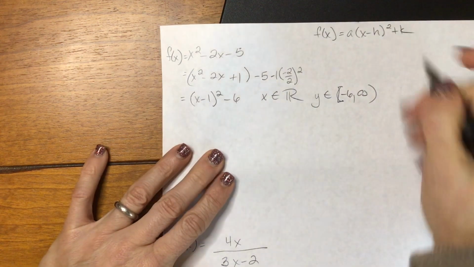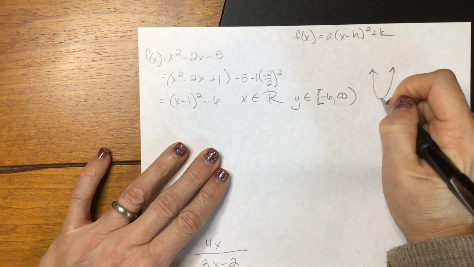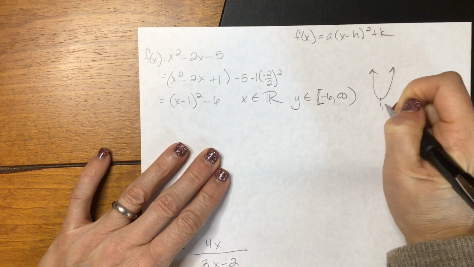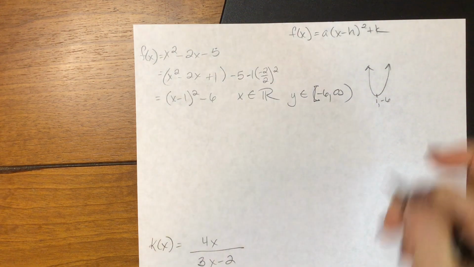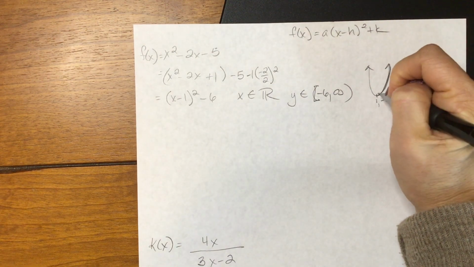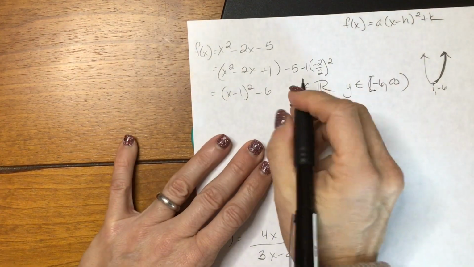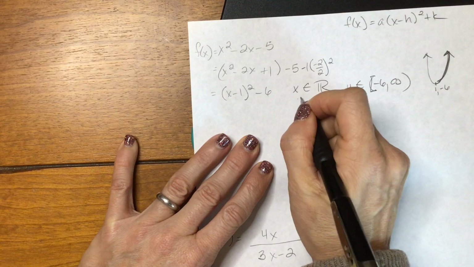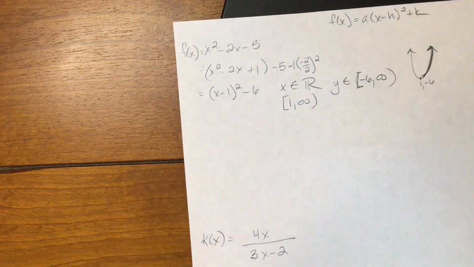And so if I sketch this graph, it has a vertex here at 1, negative 6, and I could just take the right branch of it here. So we're going to restrict our domain to be 1 to infinity. That's our new restriction.